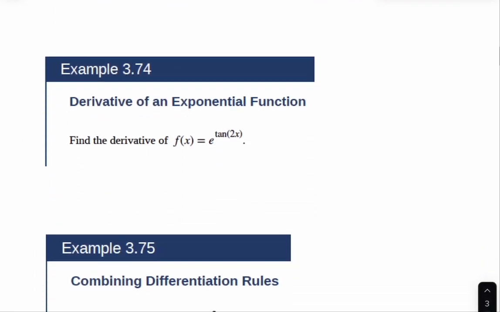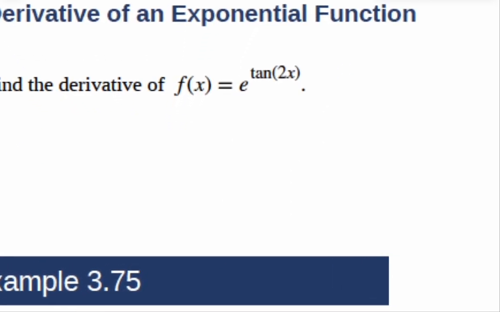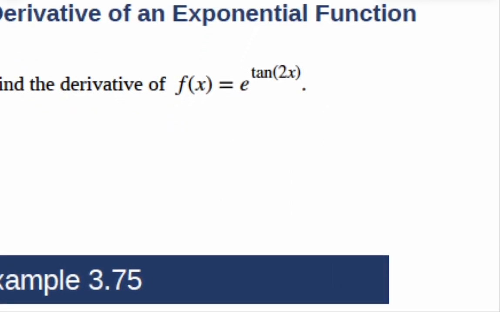So let's just practice a few. If you see the derivative of e to the tangent of 2x, that's a chain rule. The derivative is going to stay e to whatever that original function was, because that's the chain rule, but you have to multiply by the derivative of the stuff. So the stuff stuck inside is the tangent of 2x.